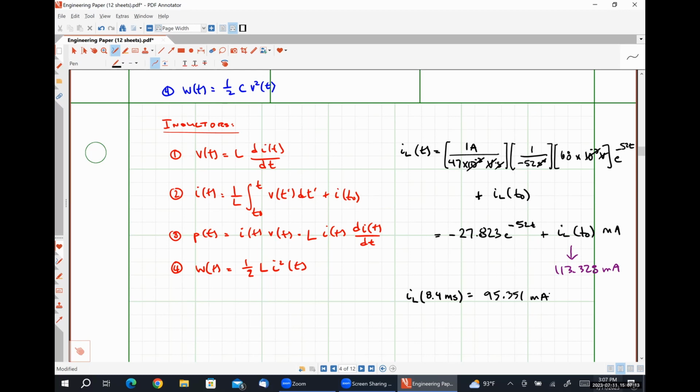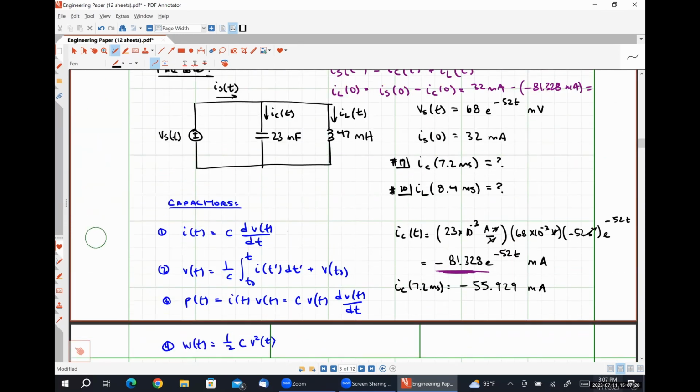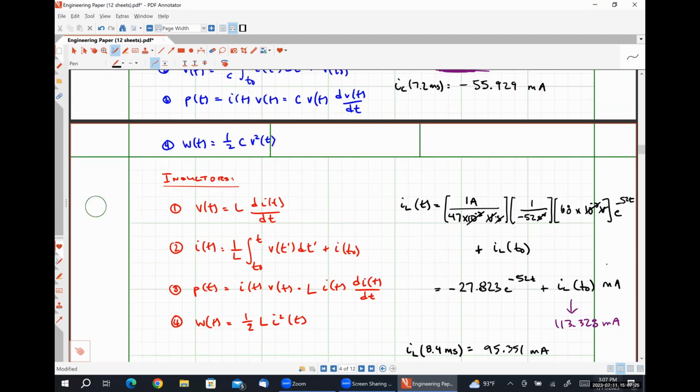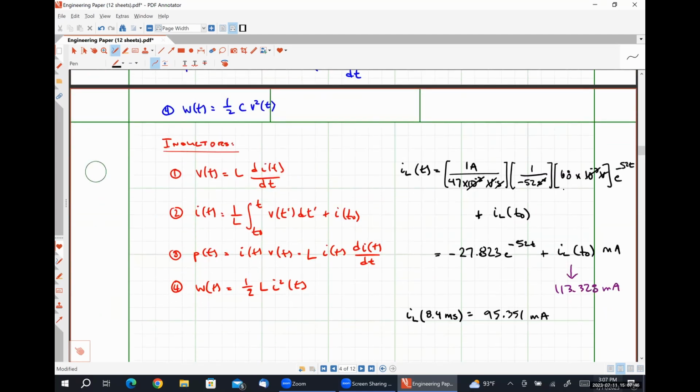So I want to figure out my process is right for sure, but I want to make sure I didn't make a mistake here. So 32 minus negative 81.328. And then let me see here.